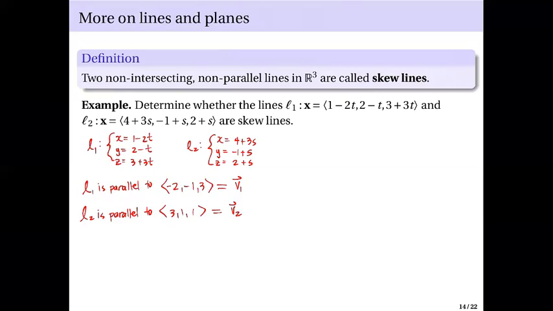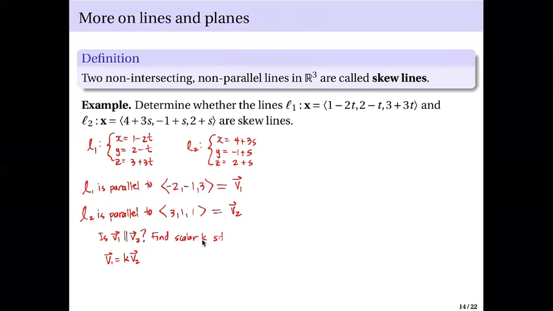Okay? So is V1 parallel to V2, meaning can we find a scalar K such that V1 equals K V2?